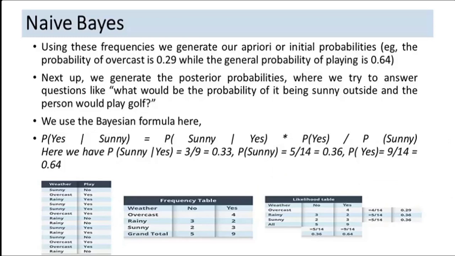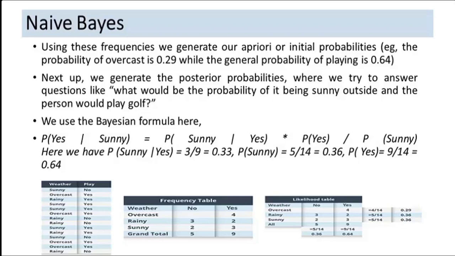The probability of overcast is 0.29, while the general probability of playing is 0.64, because 0.64 is when the answer is yes irrespective of the weather condition. So the probability of playing is 0.64, and the probability of overcast is 0.29.